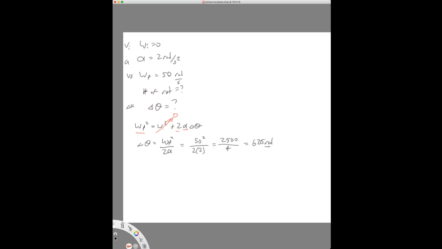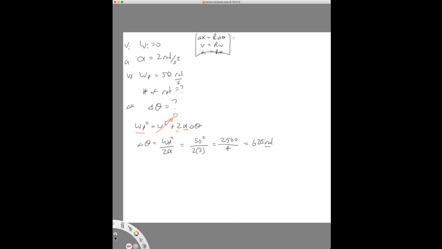All of our master equations relied on saying delta x equals r times delta theta, or v equals r times omega, or a equals r times alpha.